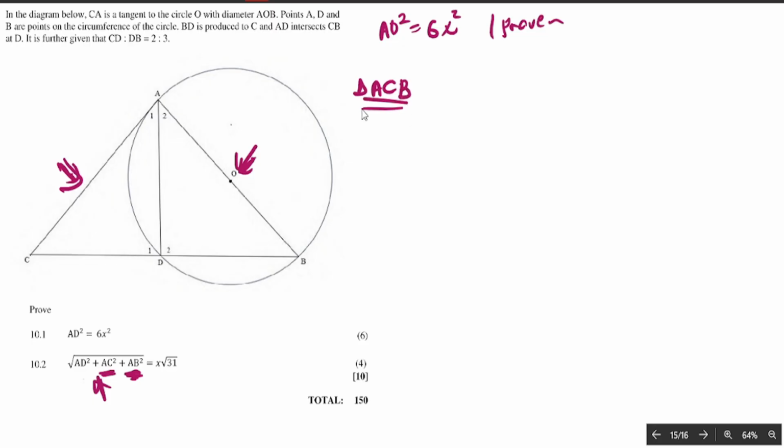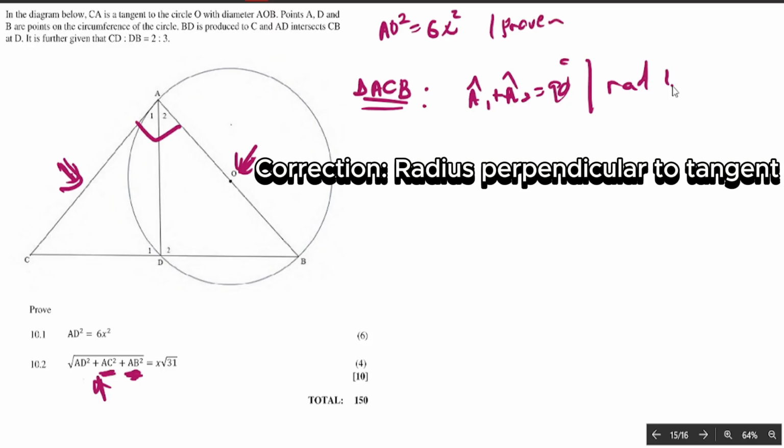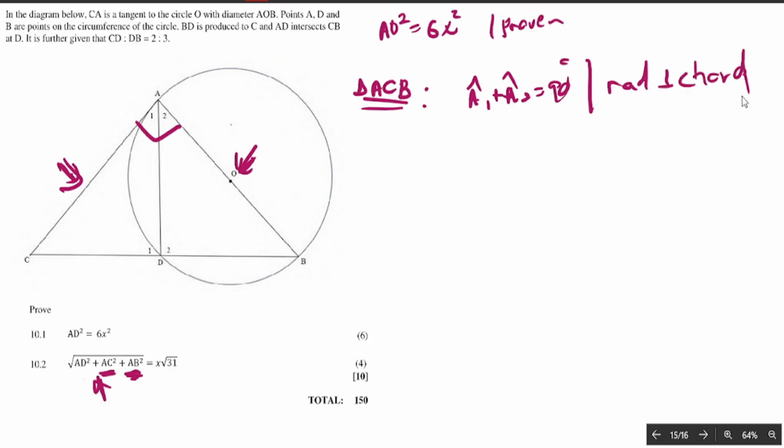Looking at the bigger triangle, what can I tell? Angle A1 plus angle A2 is equal to 90 degrees. That's what I can tell you. So here it's 90 degrees. The reason here is radius perpendicular to chord. Right? Fine.